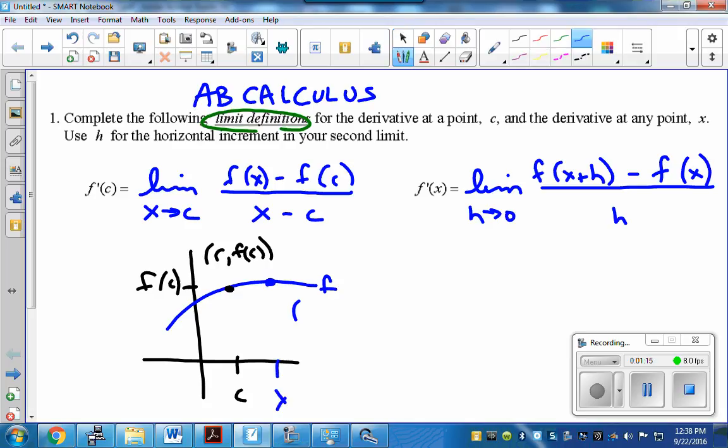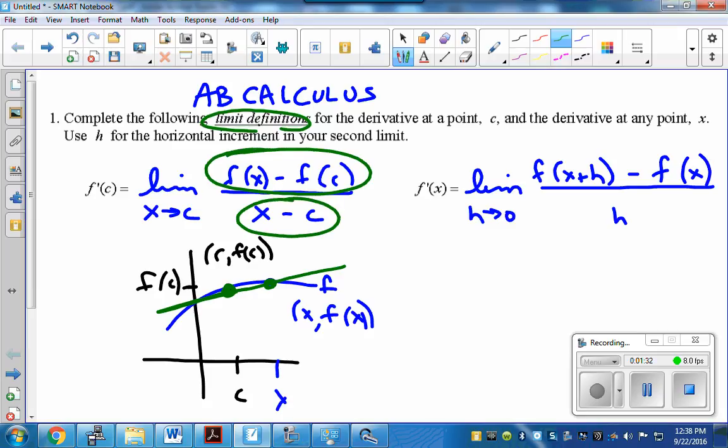This is x comma f of x, and we can find the slope of a secant line very easily by just doing rise over run. So take these two and subtract the y coordinates, that's this, subtract the x coordinates, that's this. To get the slope of the tangent line, which is what we really want, you just make x go to c. So it's a limiting process as x goes to c, and that's what this says.